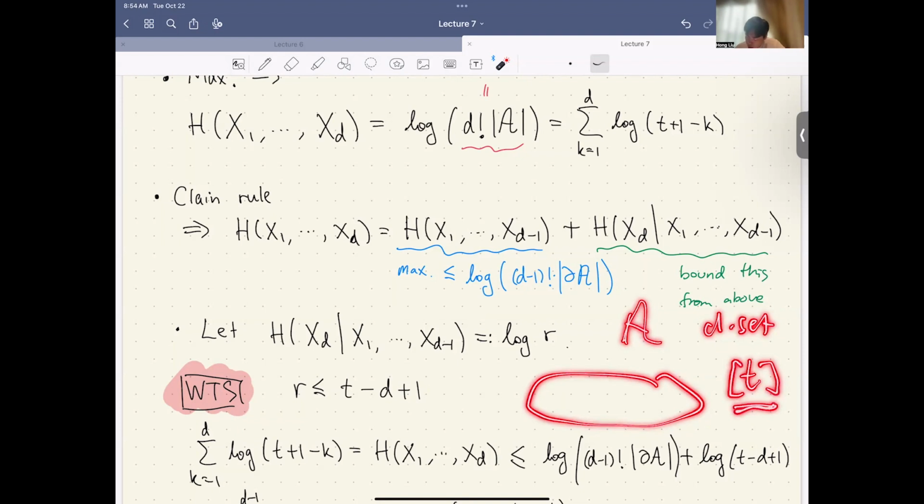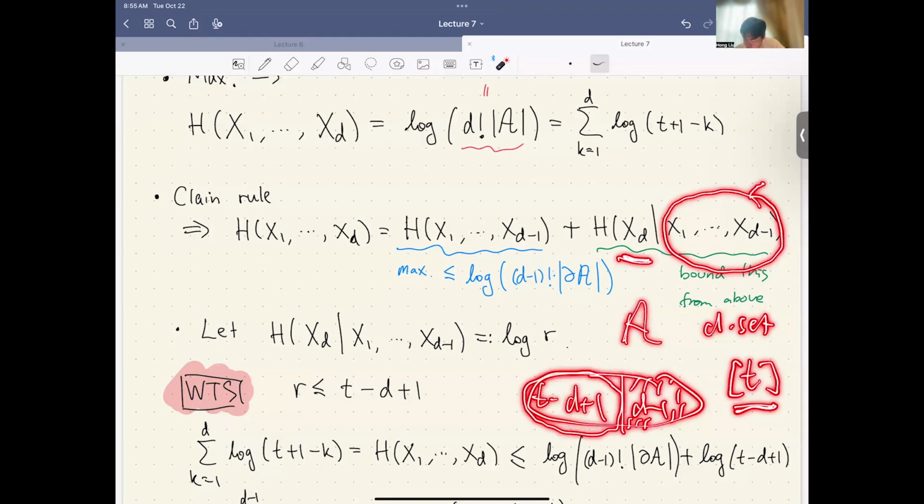Then after revealing x1 to x(d minus 1), because we choose the d-clique, x1, x2 to xd have to be distinct elements from the ground set. So after revealing d minus 1 of them, the possible choices of xd drop down to t minus d plus 1.